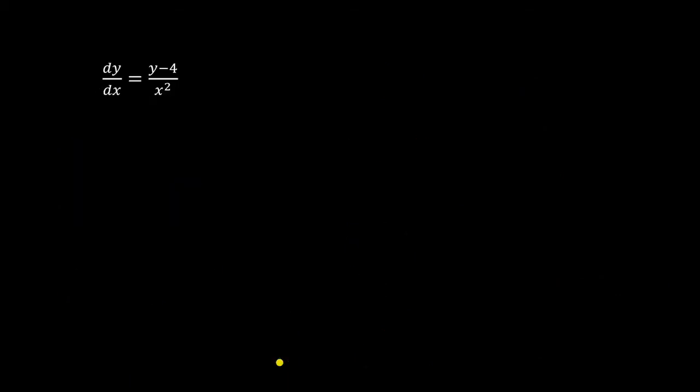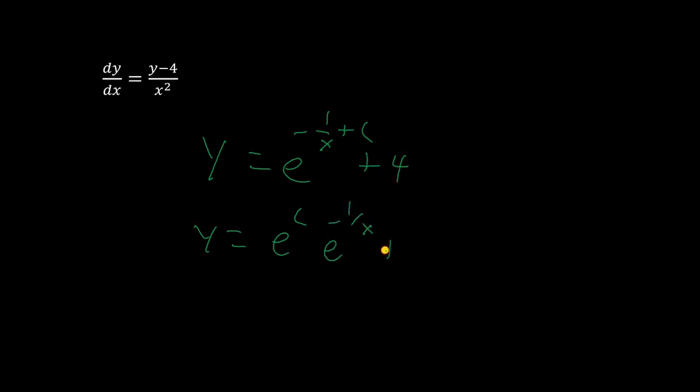Just one more quick thing before I move on. If I have a differential equation like this one, following the steps I just said, you'd get y is equal to e to the negative 1 over x plus c, plus 4. By the properties of exponents, we can split the exponent up to get y is equal to e to the c, times e to the negative 1 over x, plus 4.